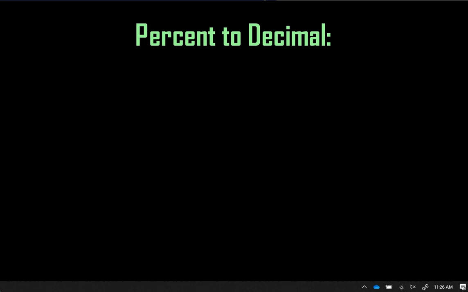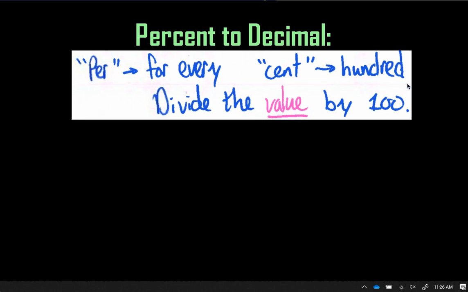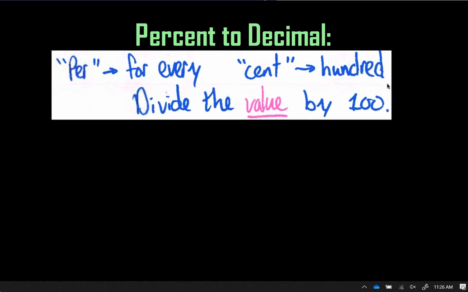Now if we have a percent to a decimal, make sure you understand what a percent is. The prefix per means for every, and cent is 100, so that's how you get for every 100. So all you have to do is take that value and divide it by 100.